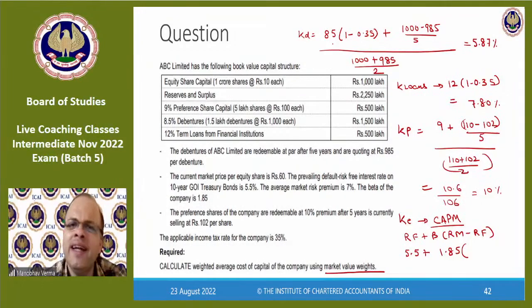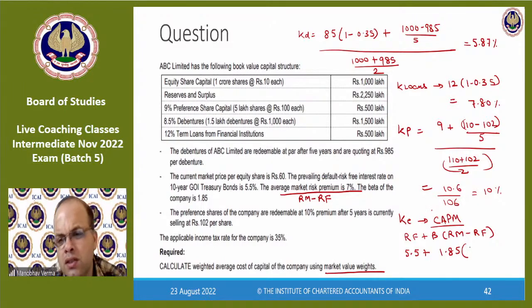Akash says, you are kidding with us. Akash says that they've already given the average market risk premium, and you only told us that the risk premium is RM minus RF. It is already given to us, so straight away multiply that by 1.85 with 7.